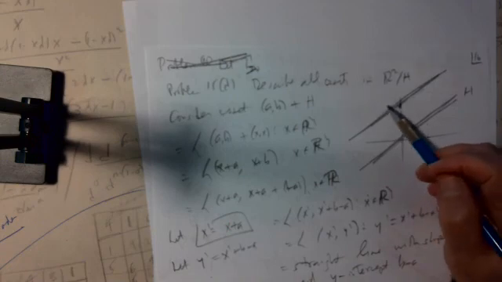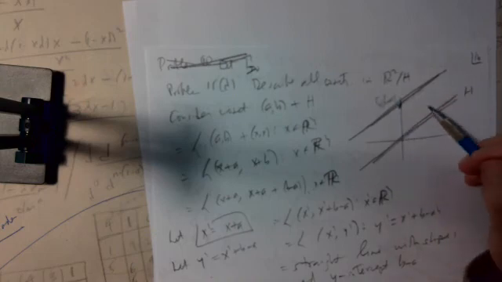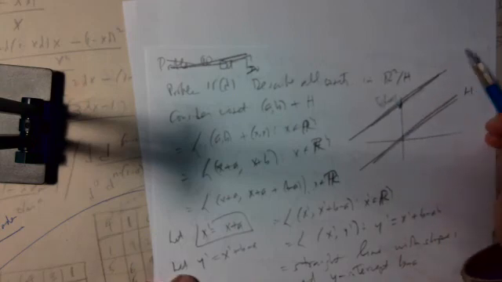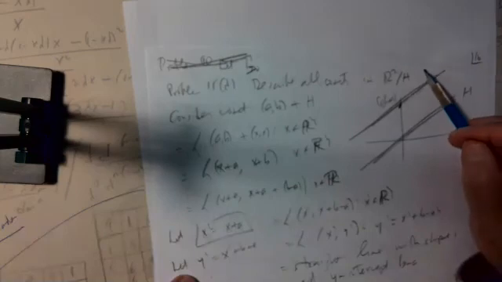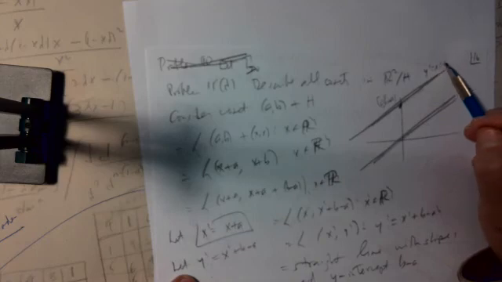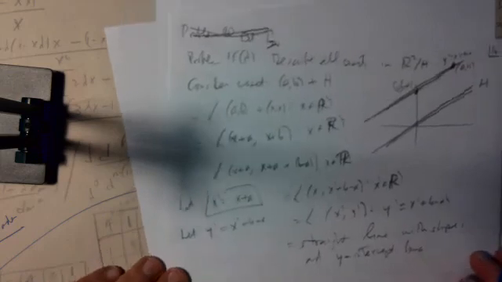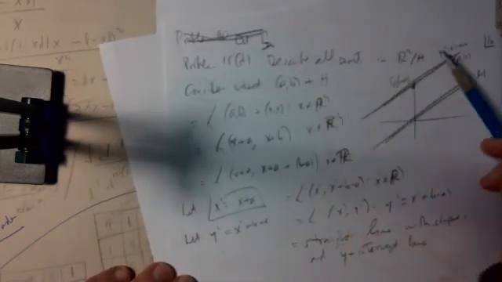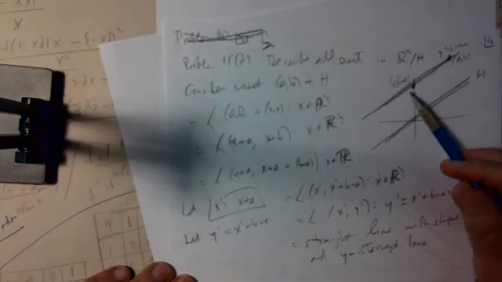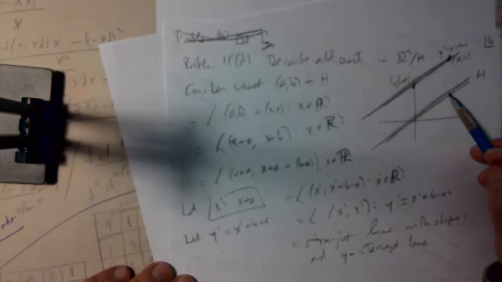This point is 0, b minus a, and this is the line y prime equals x prime plus b minus a. When x prime is equal to a, this point a, b lies on the line. So the set of all cosets of this subgroup is all lines parallel to the line y equals x.